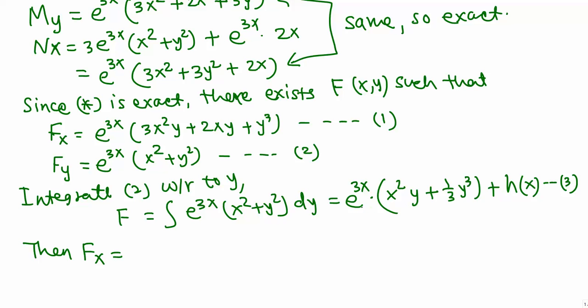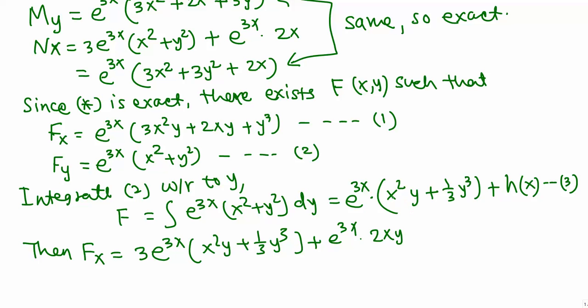So using the product rule, derivative of the first factor is 3e^(3x) times the second, plus the first, constant, times the derivative of the second: derivative of x squared is 2x, and y, plus this y cubed is like a constant, 0, plus the derivative of h, which is a pure function of x, so a regular derivative. Let's say this is 4.